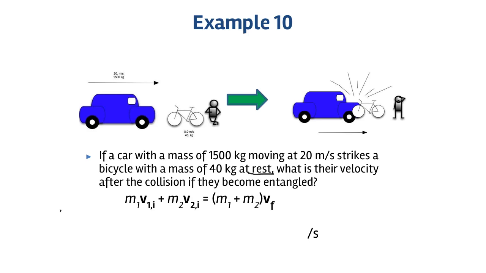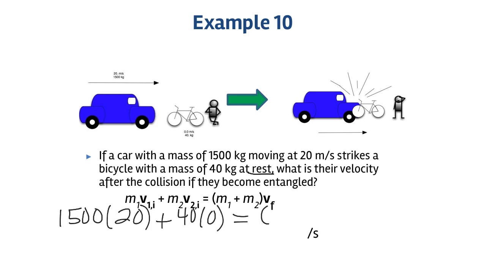So the mass of the car, 1,500, times its velocity, 20, plus the mass of the bike, 40, times its velocity, which is 0. That's going to equal the combined mass of the bike and the car, so 1,500 plus 40, times the velocity that they will have at the end.